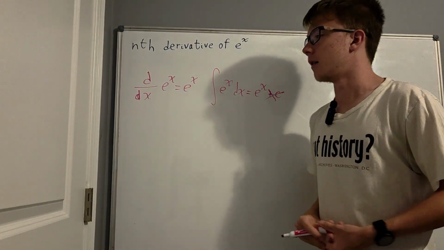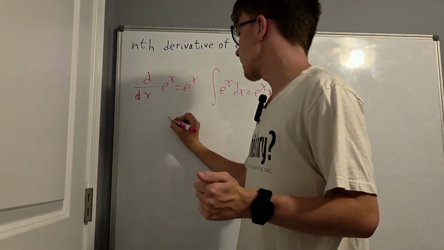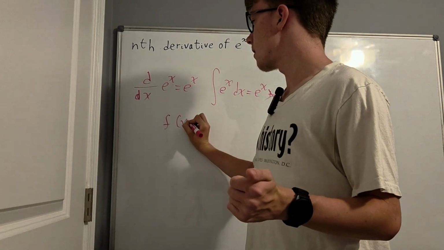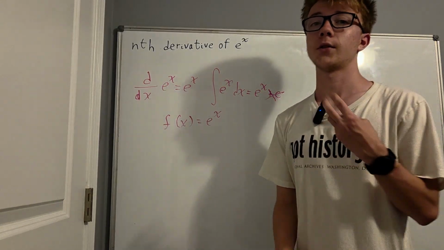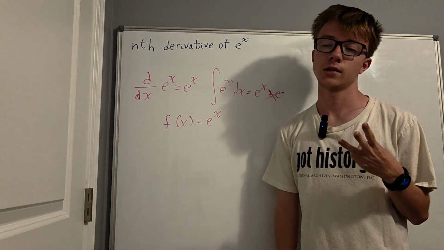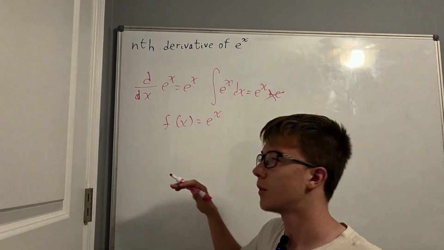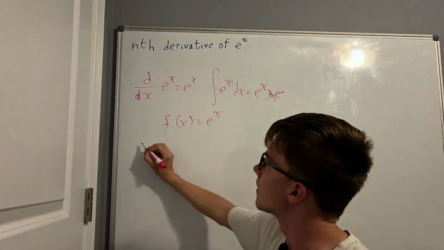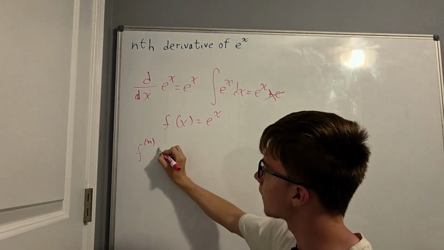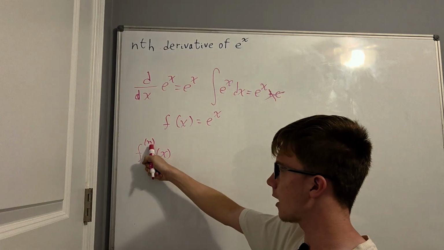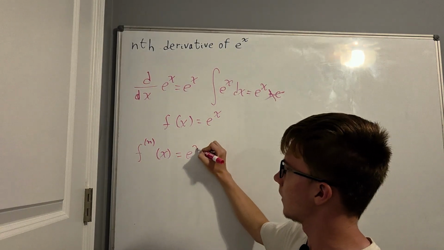Now, there's a couple ways we can write this out. Let's just start off with saying, in our case, f of x is equal to e to the x. There are three types of notations that I might use. One of them I made up. The first one, though, probably the one that I'll use the least, is this right here, where I'm going to say the nth derivative of the function f of x in this form, where we have f n x, is, in this case, equal to e to the x.